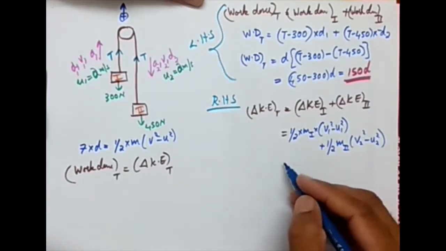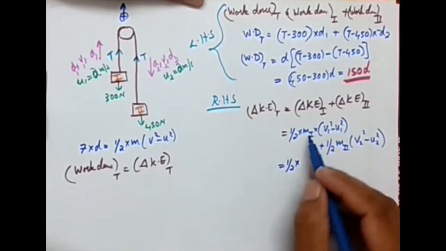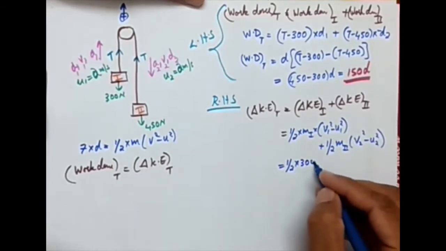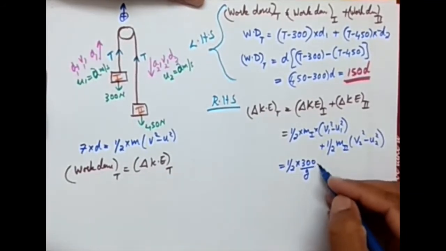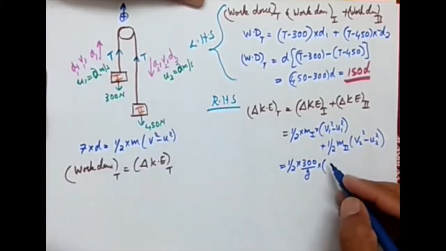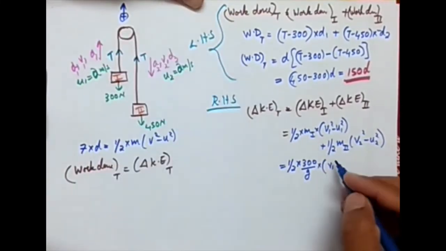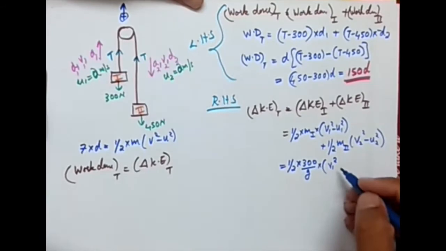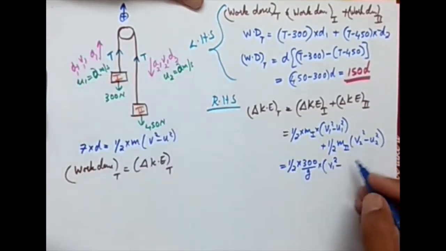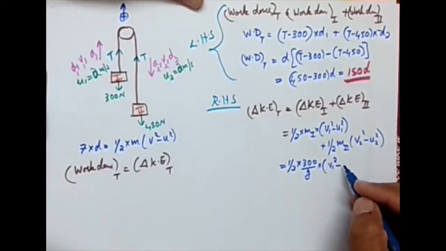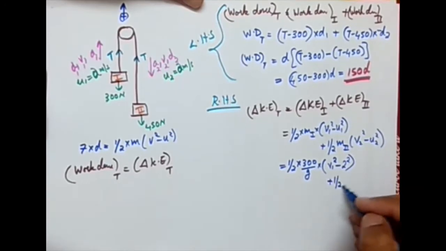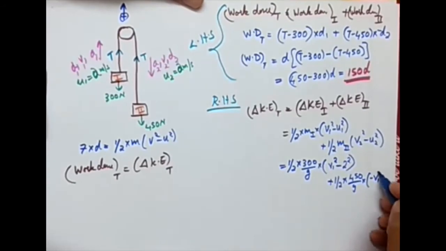So how will this equation become? Half into M1, which is 300 by g, into V1 squared, where V1 is in the positive direction, minus U1 squared, which is also in the positive direction and given as 2 squared, plus half into 450 by g into minus V1 square minus 2 whole square.